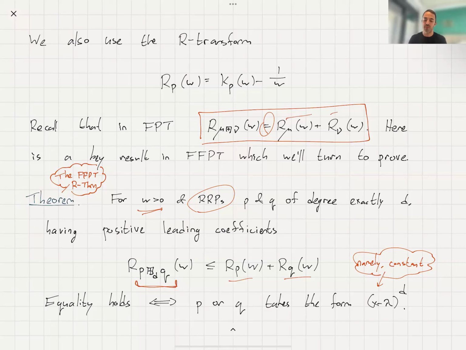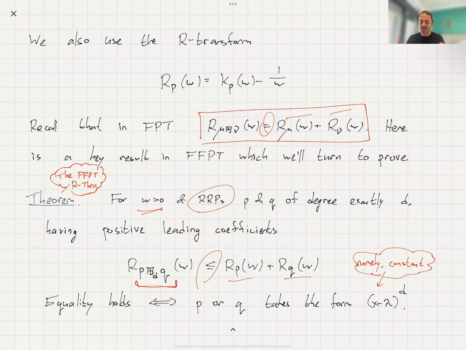So you should look at this. And actually that's interesting, because inequality is good enough. Equality is, of course, a stronger statement, but it's a weaker statement in the sense that, for the purpose of bounding the support, we would prefer a strict inequality, because it will give us a better bound on the support.